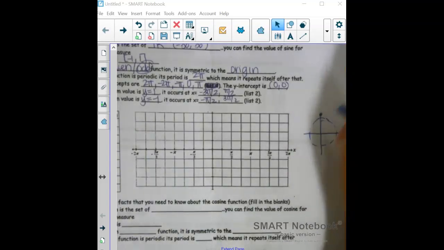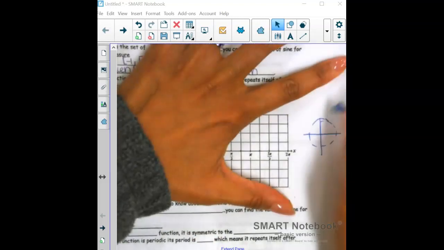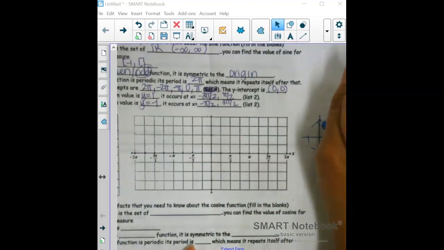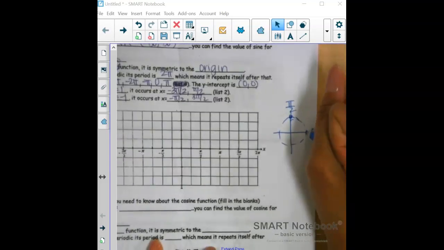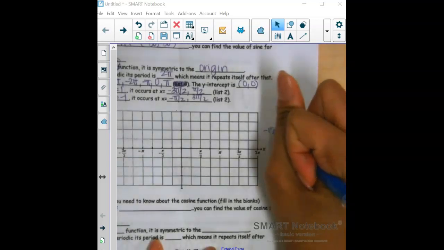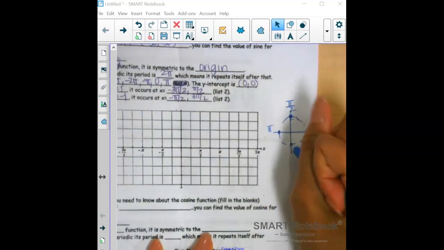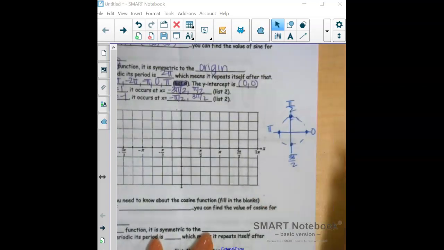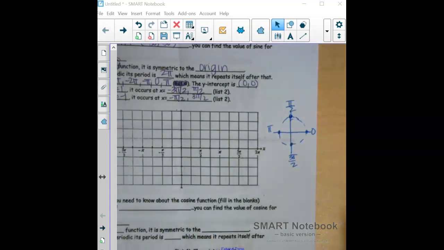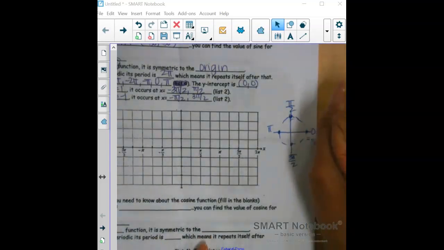This point is at pi over 2. This was at 0. This is at pi. This point will be at 3 pi over 2. I'm just putting in all of the positive counterclockwise radians right now.